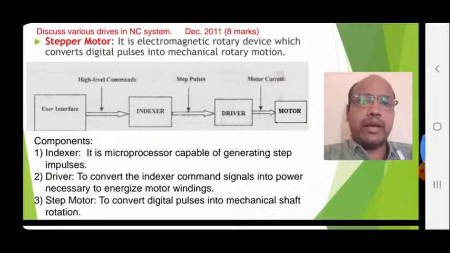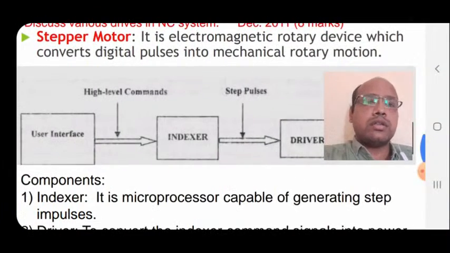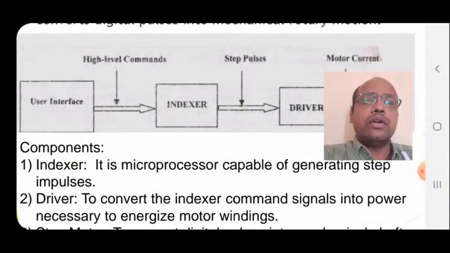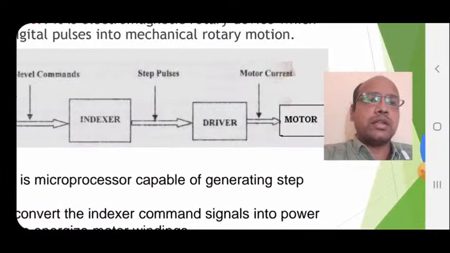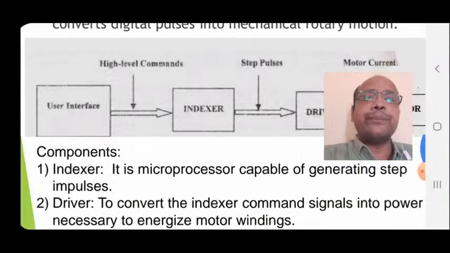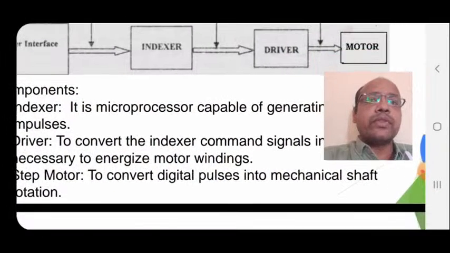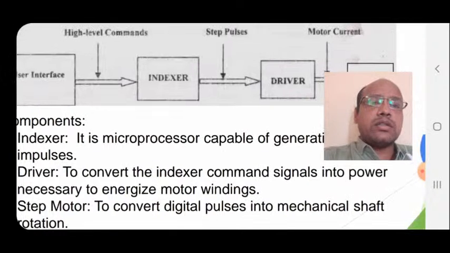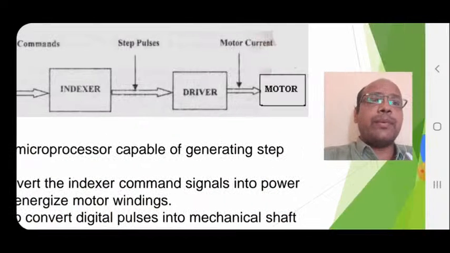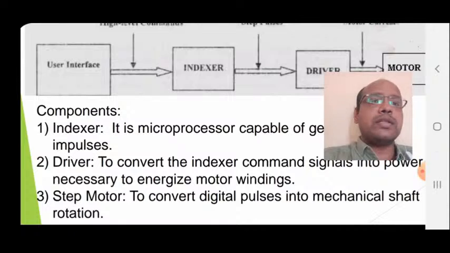Now you can see this diagram over here. There are some features of a stepper motor. First one is the user interface, then indexer, then driver, and then motor. The user interface is used to write a program. It may be a PLC program, a programmable logic controller. Through the user interface, high level commands are sent to the indexer. The indexer is simply a microprocessor which is capable of generating step impulses.